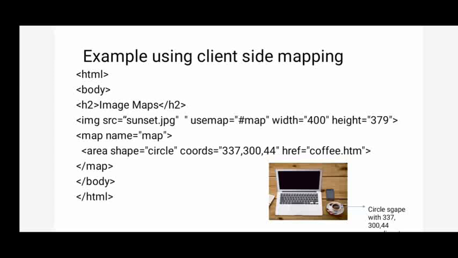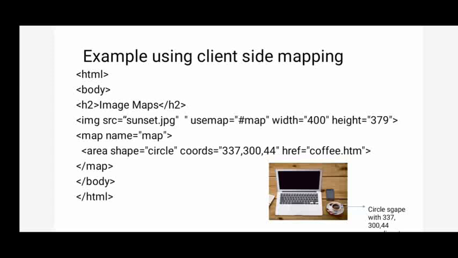Now, what image have I inserted? Sunset.jpg. You can insert any image, and if the image and whatever file you are creating are in the same location, you can directly give the name of the image. But if they are not in the same location, then we give the location of the image.